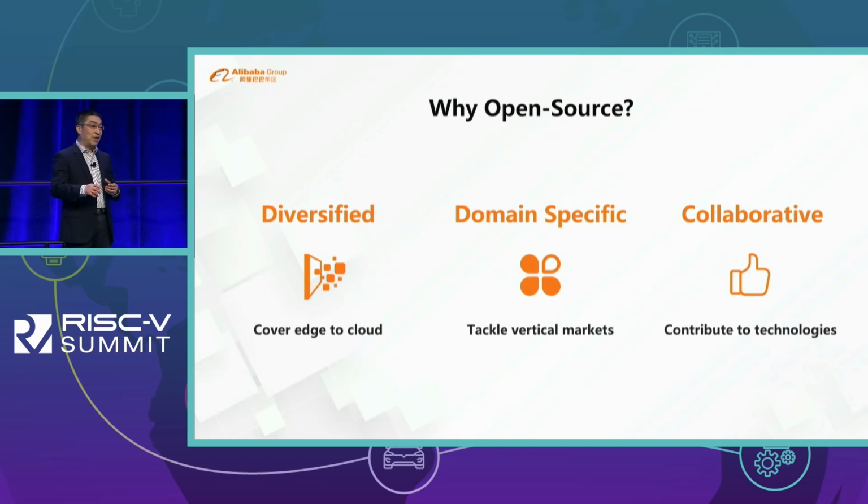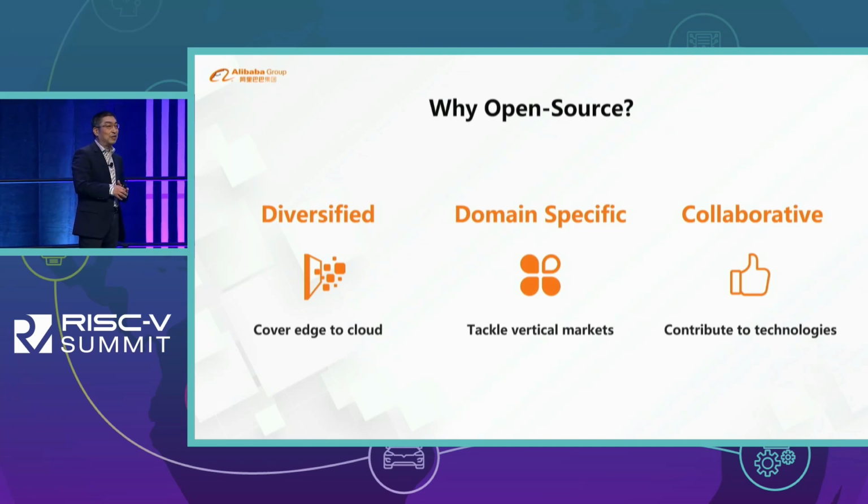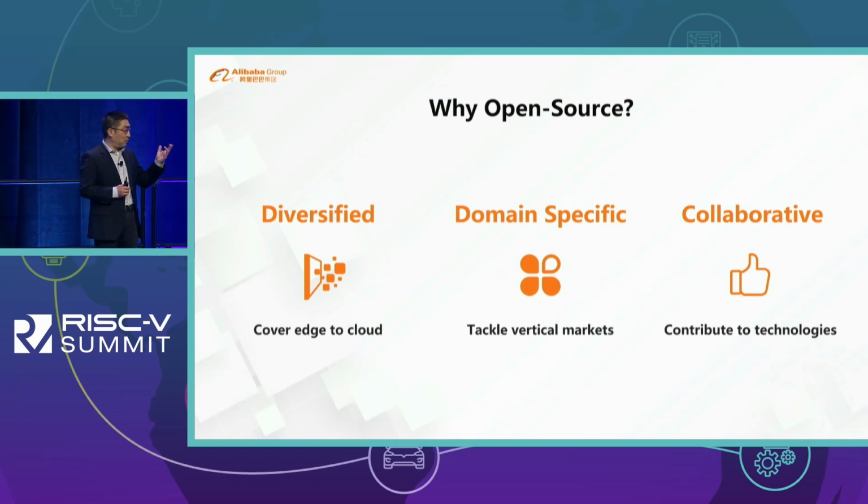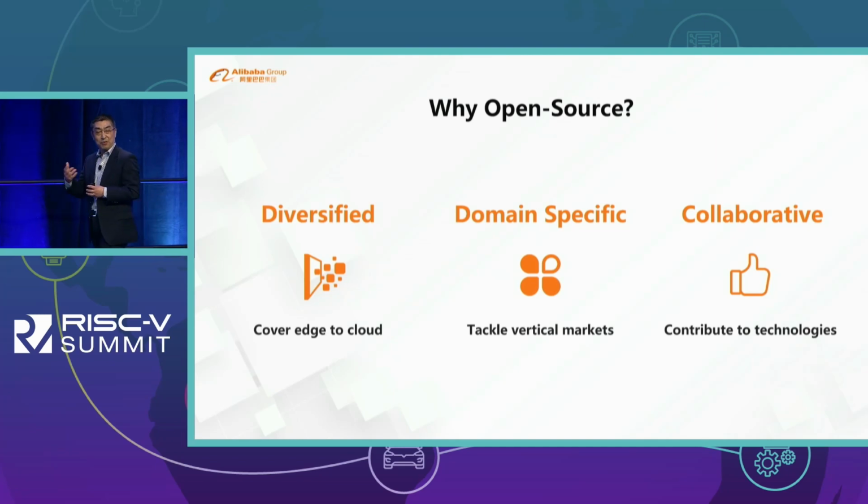We're not just working on the chips, CPUs, but we also have OSs and also the applications in our business, for example, Taobao and financial systems. The third, as the previous speaker mentioned, is collaboration. We would like to contribute to the society, to the world, what we developed, and share it with our vendors and also our customers.